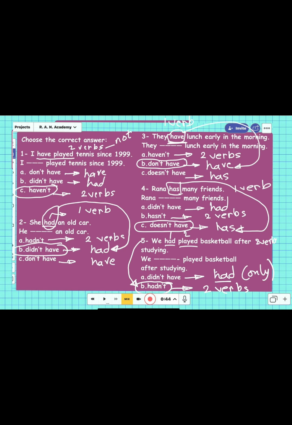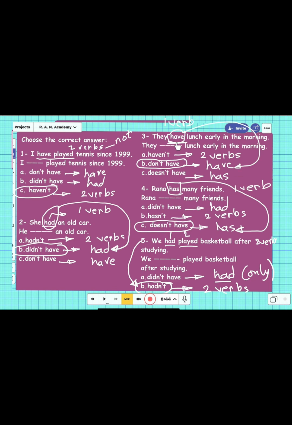So, my dear students, look at the verb if you want to change your sentence into negative. If you see one verb here, especially with verb to have, you will choose auxiliary verb, don't or doesn't or didn't. Don't if you see have, didn't if you see had, and doesn't if you see has.